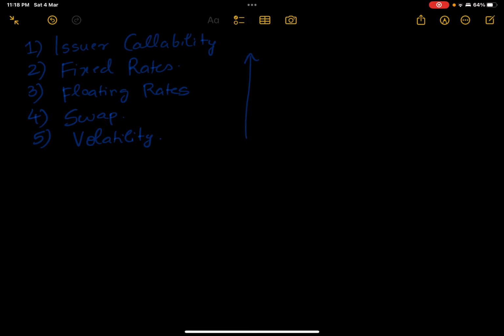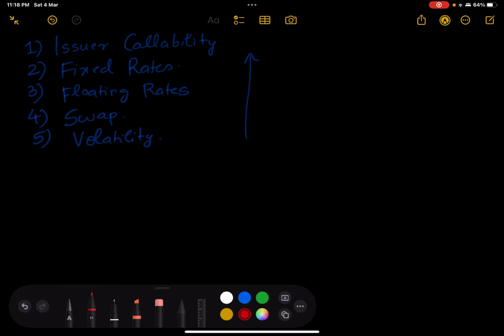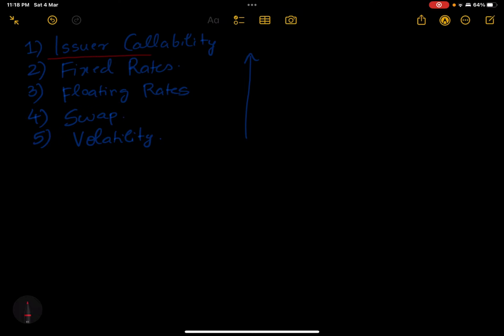You don't know how it is working, but you trust the price that somebody told you is the way to price it, and you price it. Fine. Now, if the model is not working, how do you know the price is correct? So that's today's topic. Issuer callability.